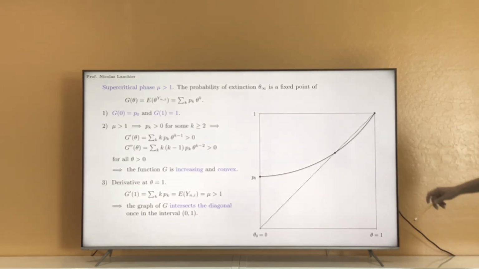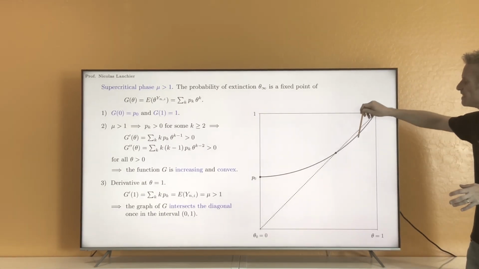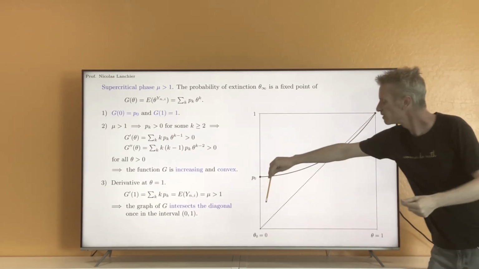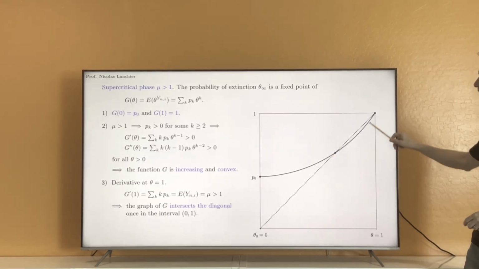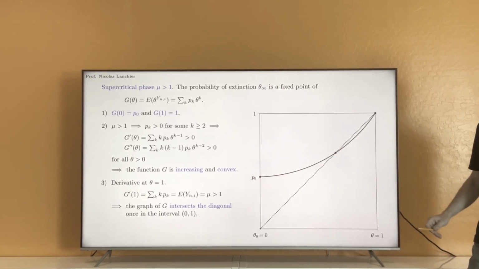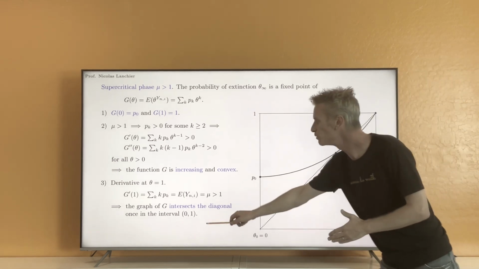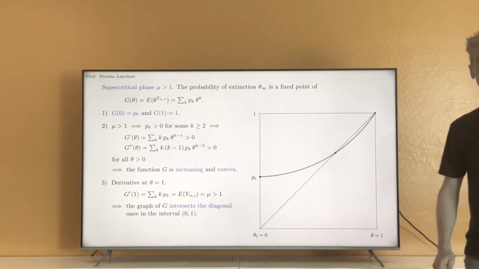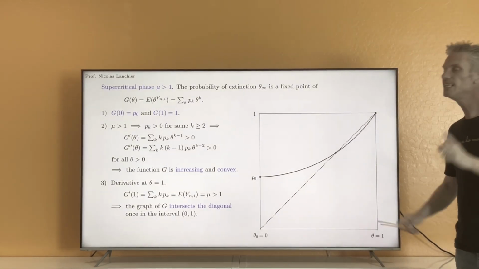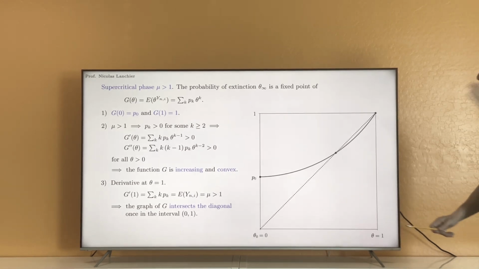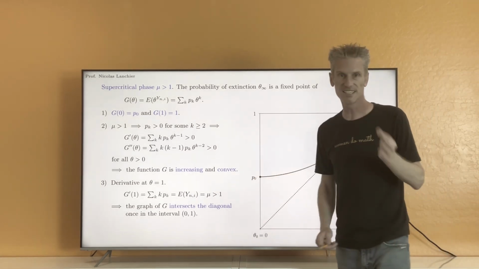The fact that we have at least one fixed point in between comes from the fact that the derivative here is strictly larger than 1. That's the last thing we did. The fact that there is uniqueness of this fixed point follows from the convexity of the function.